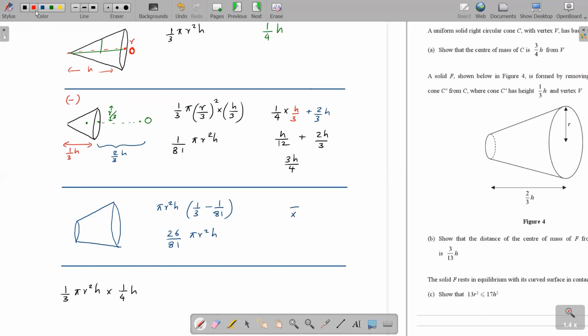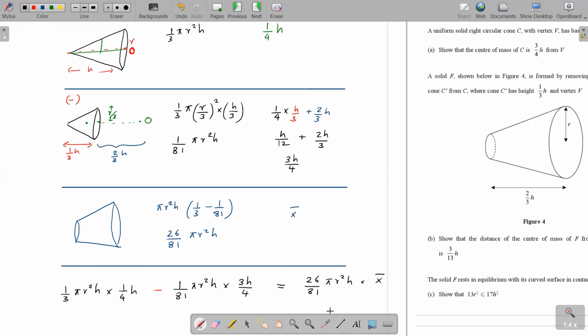Then it's not addition, it's a subtraction: 1 over 81 pi r square h into 3h over 4. Agree? Equals the total mass, 26 over 81 pi r square h, into x bar. Do you agree?